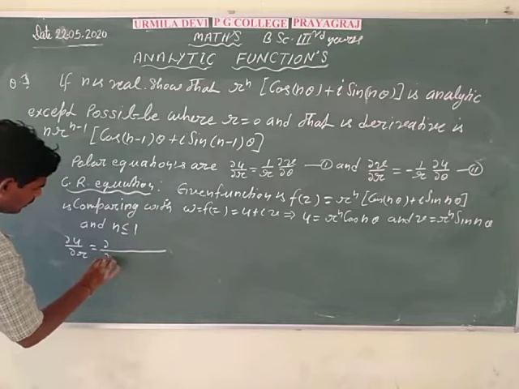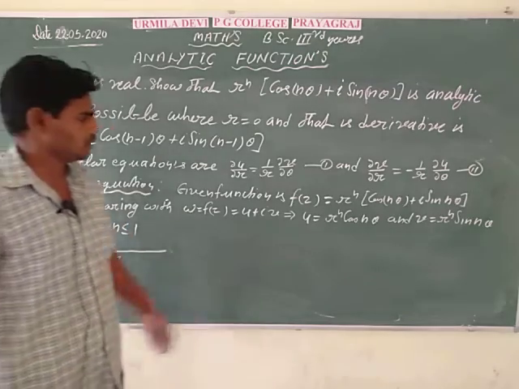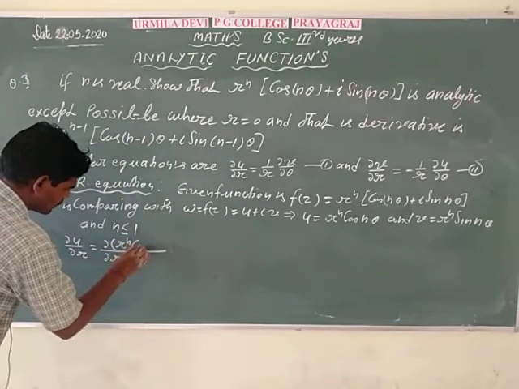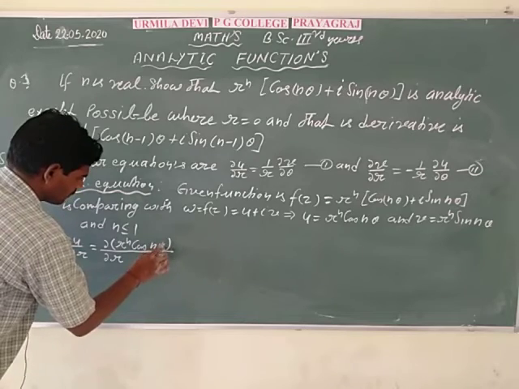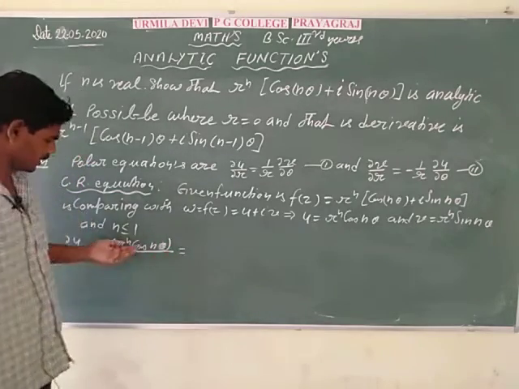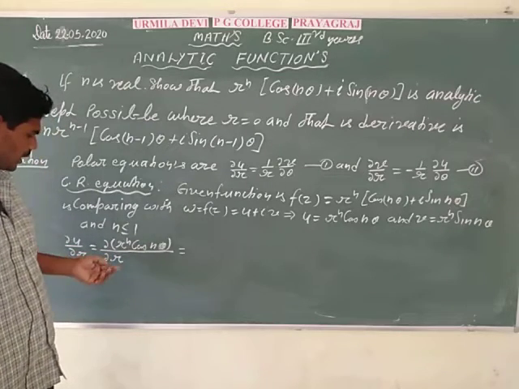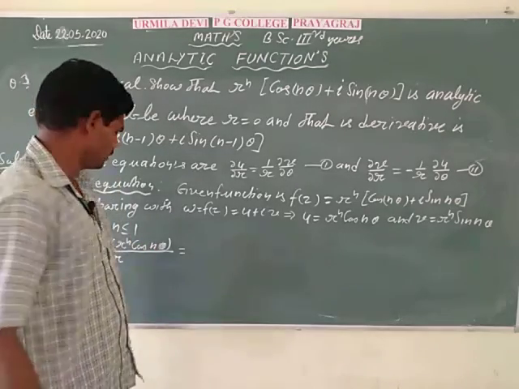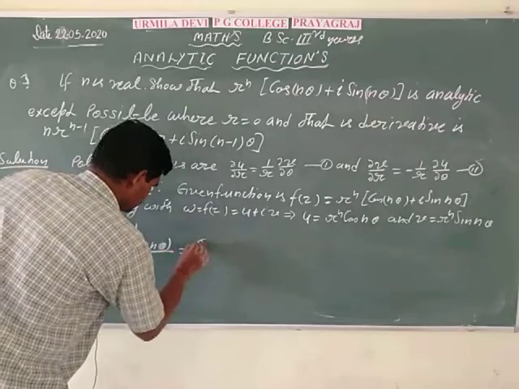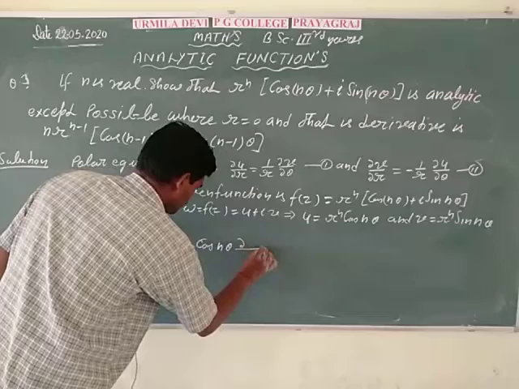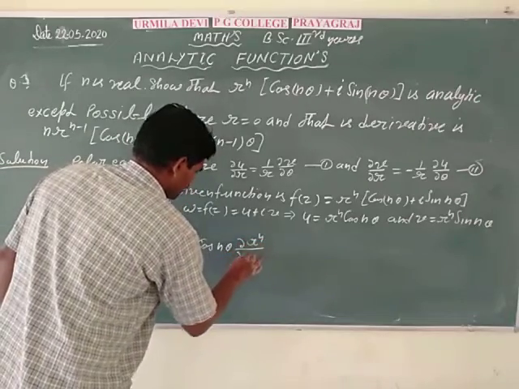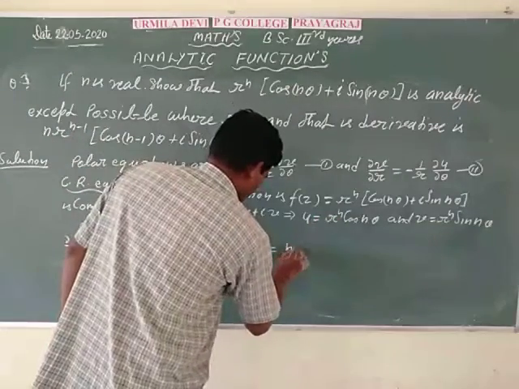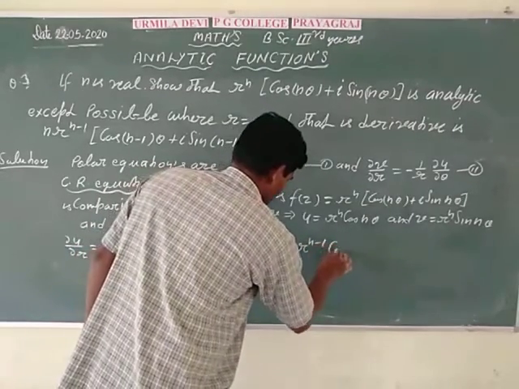Putting the value of u is equal to r to power n cos n theta, in this partial differentiation with respect to r, n and theta mean cos n theta is taken as constant, so it is taken outside, and taking the partial differentiation of only r to power n with respect to r by the method of differentiation is equal to n times r to power n minus 1 into cos n theta.